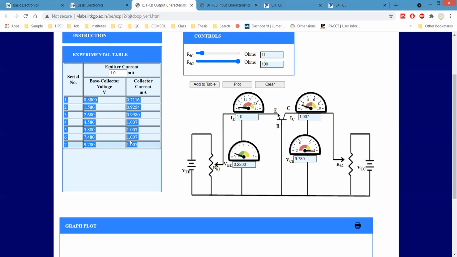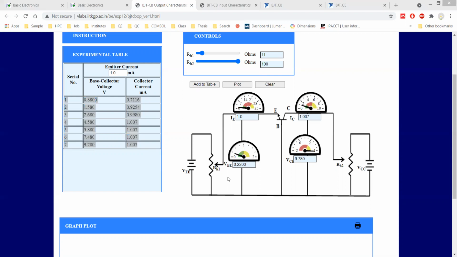So as you can see, the current is saturated. We can see this nature for different sets of data.